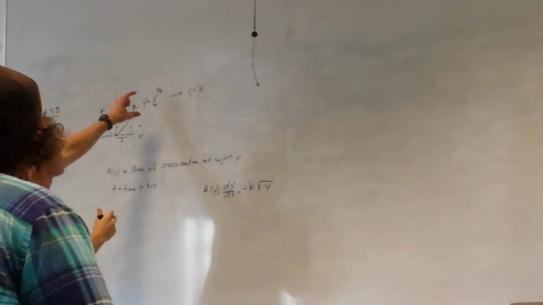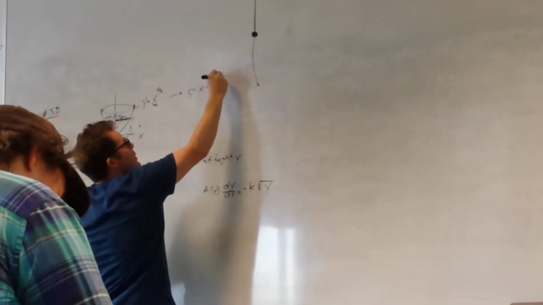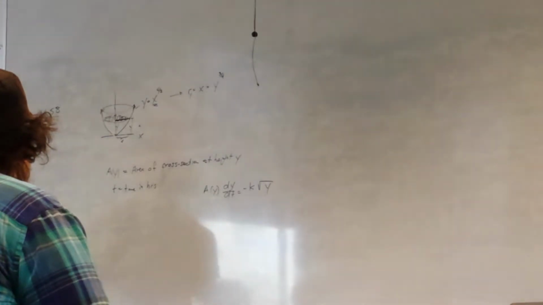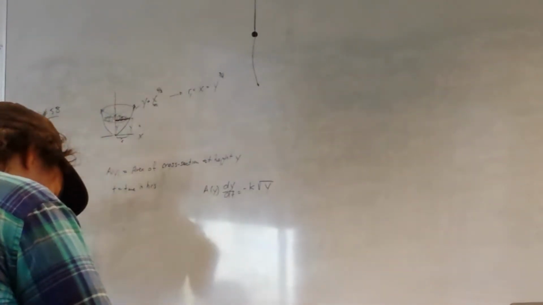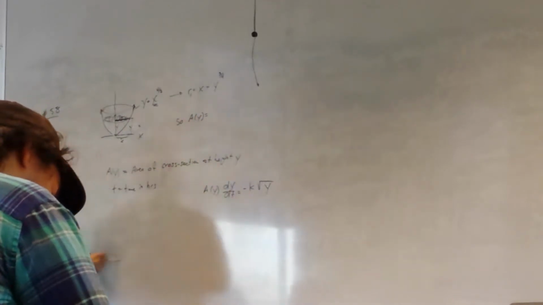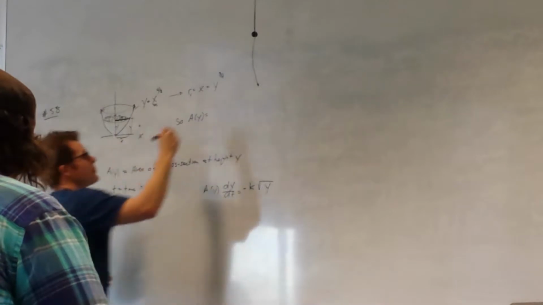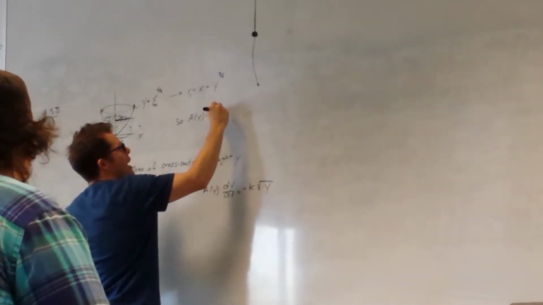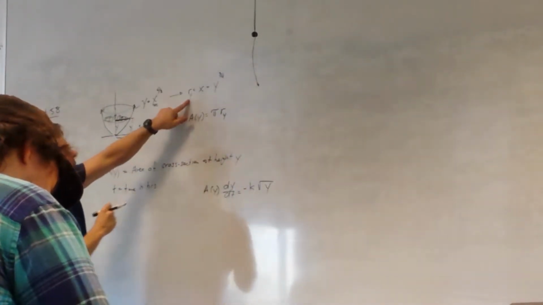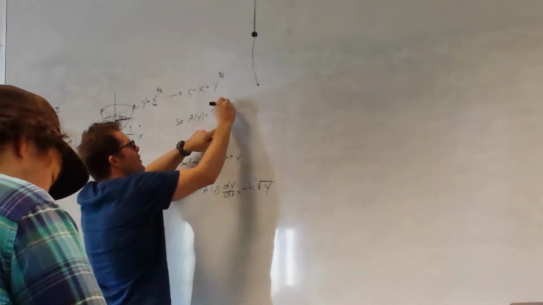Raise both sides to the 3/4. Okay, so that would be the radius. So what would the area of a cross-sectional slice be? Pi times the radius, r sub y, squared.